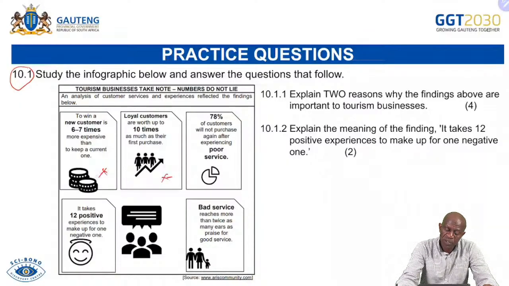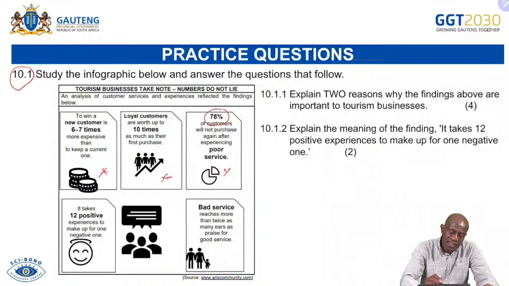As we move to the next one, it says 78% of customers will not purchase again after experiencing poor services. So if you keep on providing people with poor services, you can imagine the high percentage of loss that you can experience.